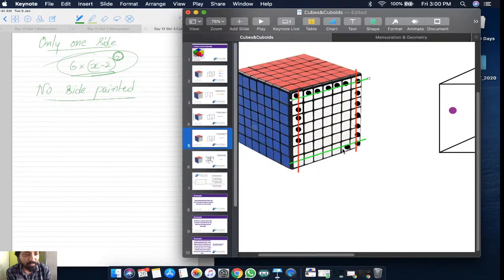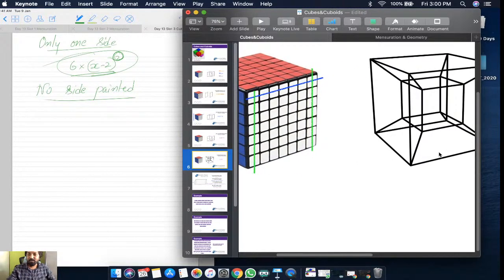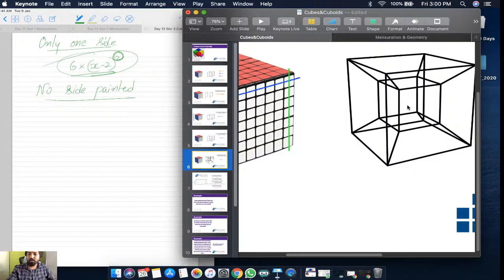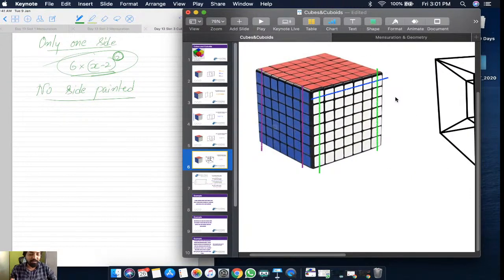No side painted cubes. Where do you find no side painted cubes? No side painted cubes will be inside. In all the directions. In x, in y, and even in z. In all the directions, you need to remove two layers.